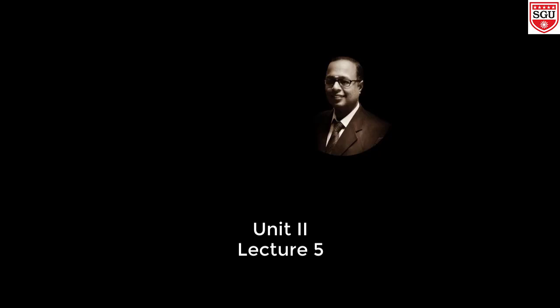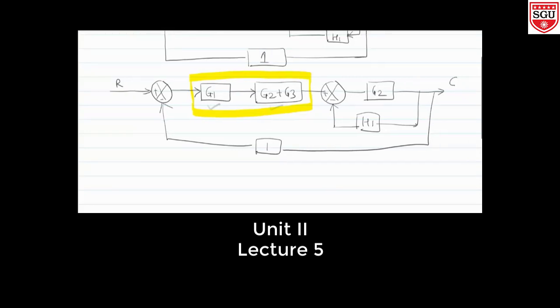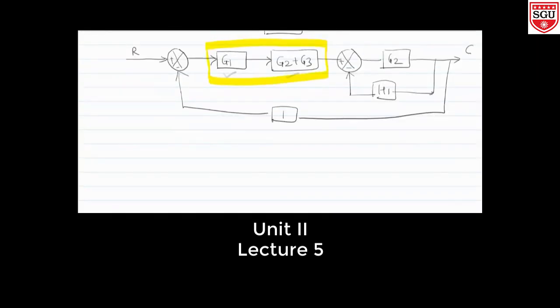Is it visible? Yeah. What is happening now? We can combine G1 into G2 plus G3. Perfect. After that, what I can write is plus minus as it is. Now here a new block will be there where G1 multiplied by G2 plus G3 will be there.